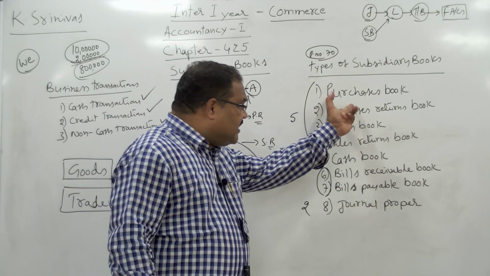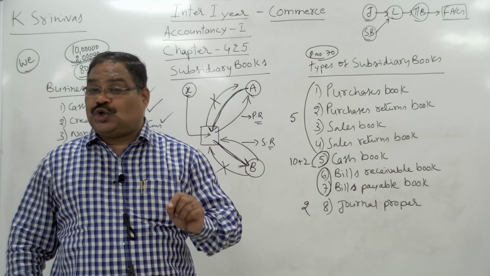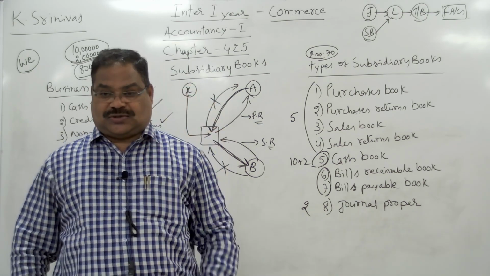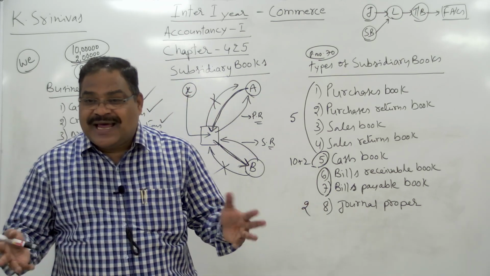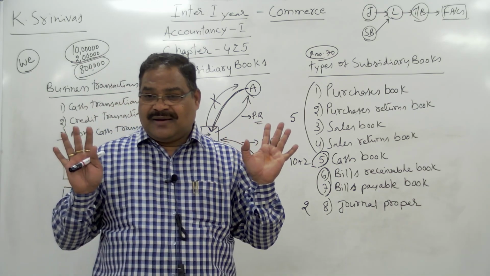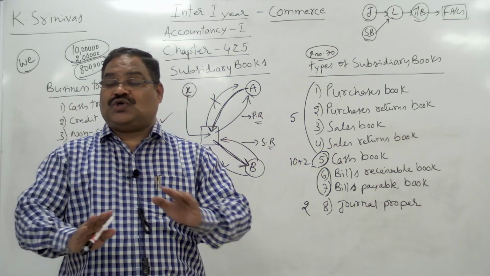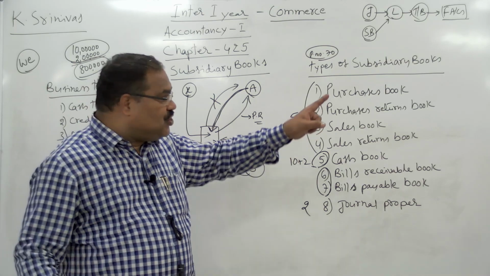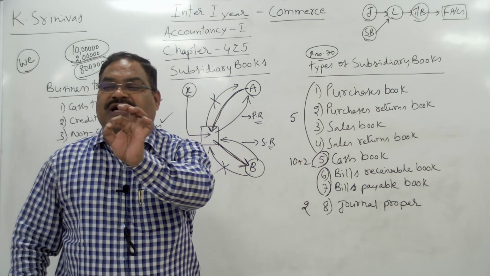So in the purchase book, you should take only credit purchase of goods. Then what about cash purchase of goods? Cash purchase should not be taken. And credit purchase of assets also should not be taken. We should take only credit purchase of goods, that's all.